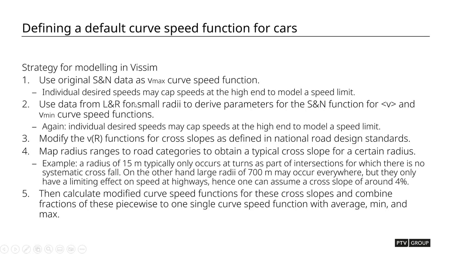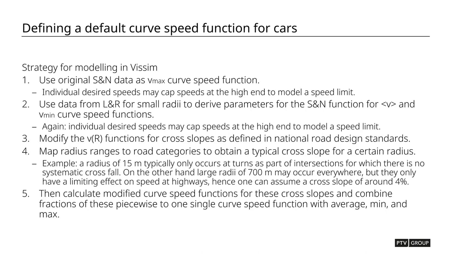Because there was an explicit speed limit of 100 kilometers per hour. And that might underestimate speeds if there is no speed limit or a higher speed limit. So the defaults in Vissim assume there is no speed limit.